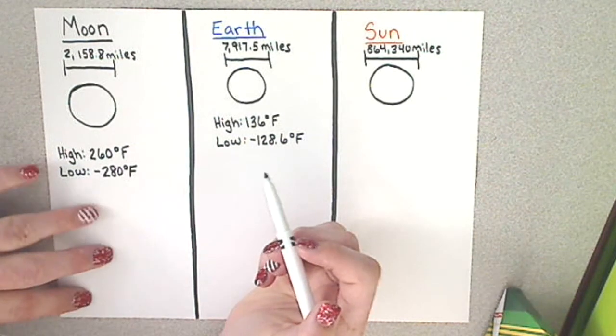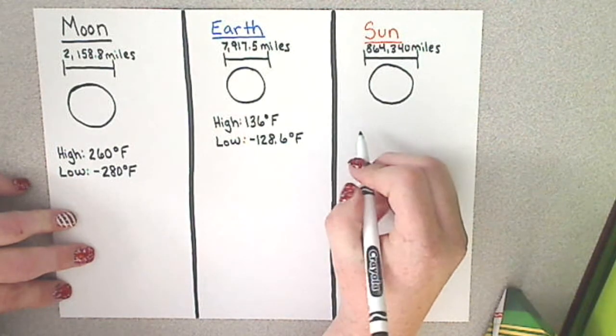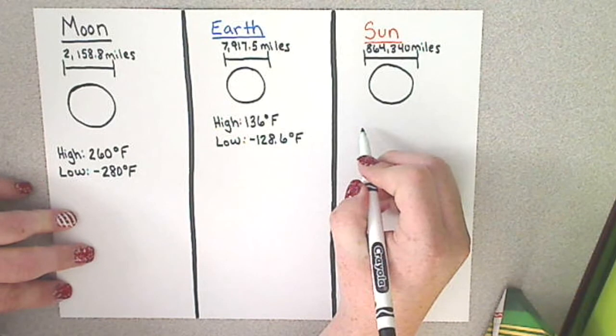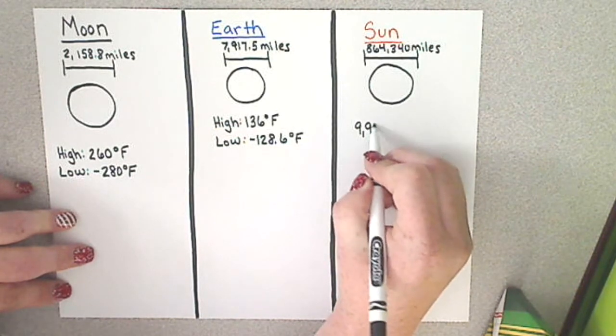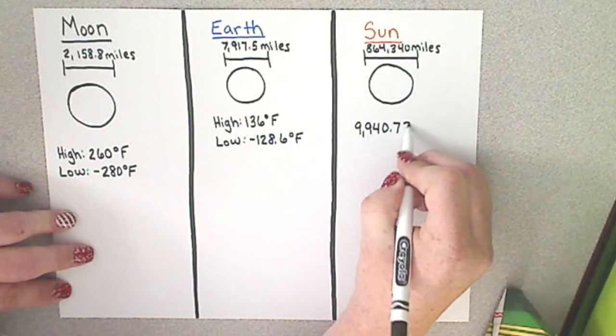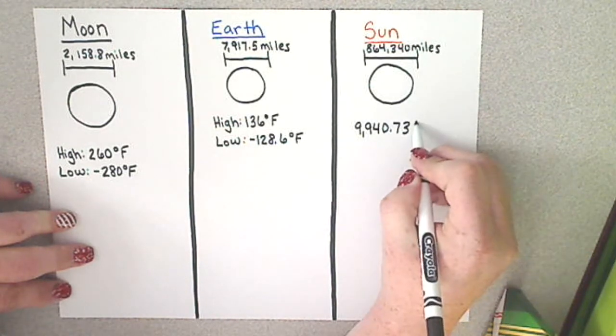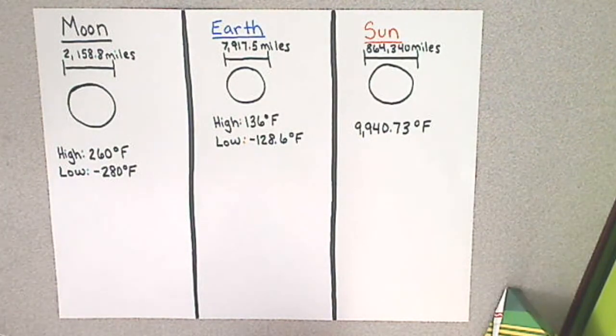Now, the sun pretty much stays at one temperature. The sun is generally 9,940.73 degrees Fahrenheit. Pardon me for coughing.